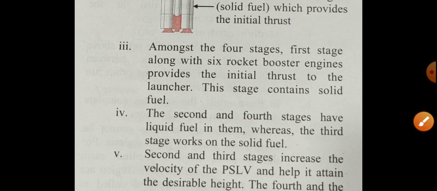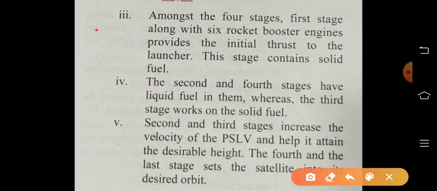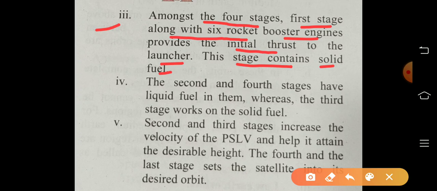Next, the explanation given in the third point. Amongst the 4 stages, the first stage along with 6 rocket booster engines provide the initial thrust to the launcher. This stage contains solid fuel. This information is given in the figure. Next, fourth point.